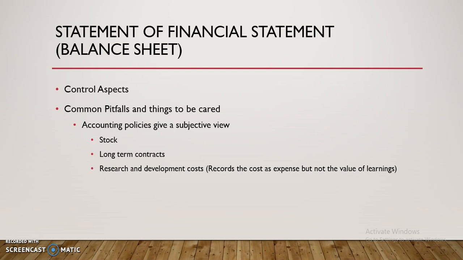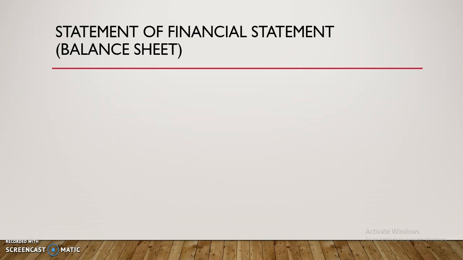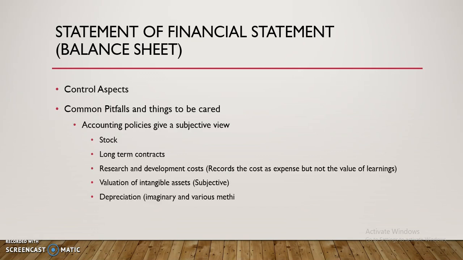You cannot value the learning out of the research and development, right? That may be valuable when you are going to sell that research, or learnings, to somebody else. You may be getting much more value than what you have been spending. Intangible assets like patents and goodwill are all subjective. Depreciation is an imaginary thing. So these are the common pitfalls.